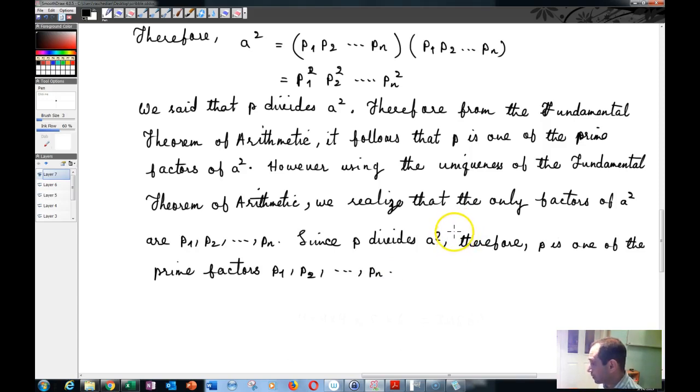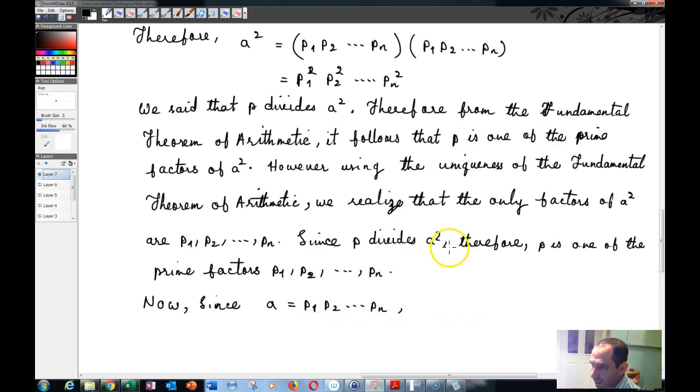Okay, now since a was equal to p1, p2, all the way up to p of n, and we said that p is one of the prime factors p1, p2, all the way up to p of n, and of course p's prime factorization is the same thing.